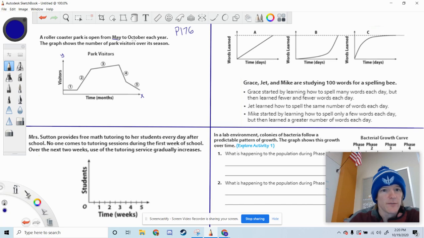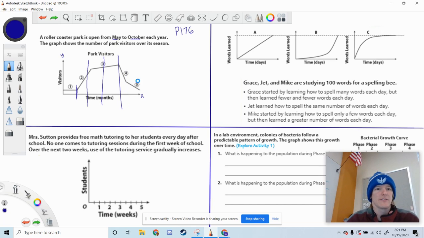If the park is open from May through October, we're going to see here, let's see, 1, 2, 3, 4, 5. So May, June, July, August, September. So it kind of seems like we should probably have 6 sections. So maybe from here to here is a month, and then here to here, here to here.